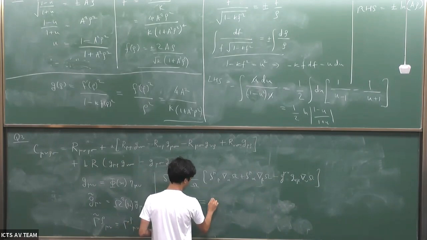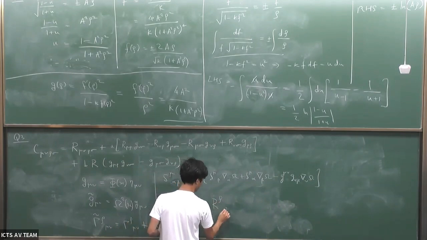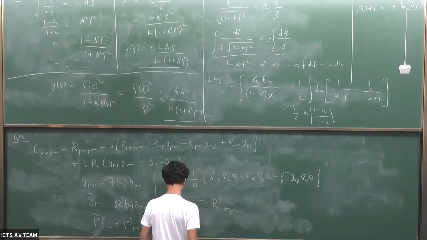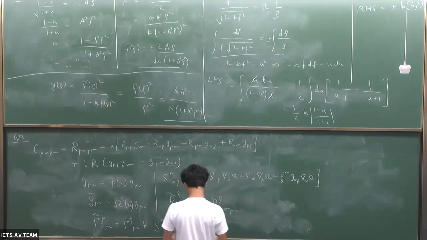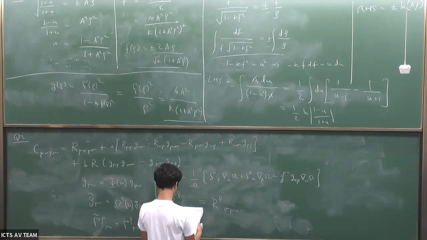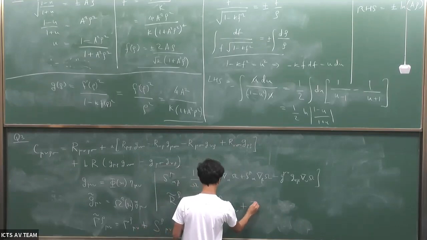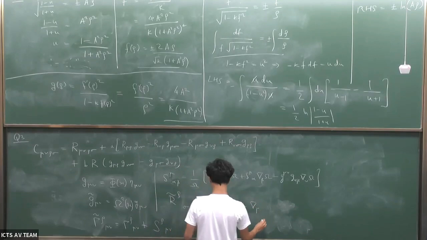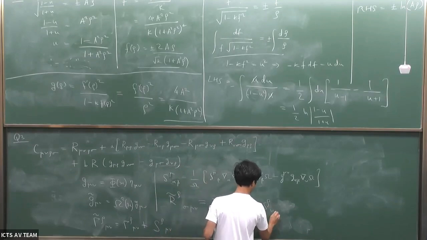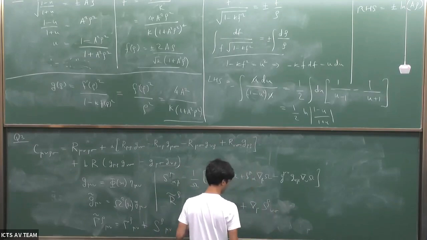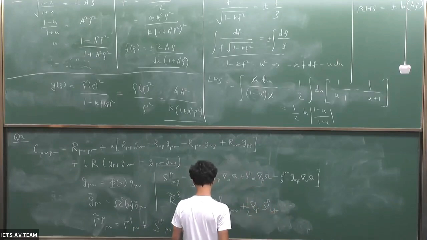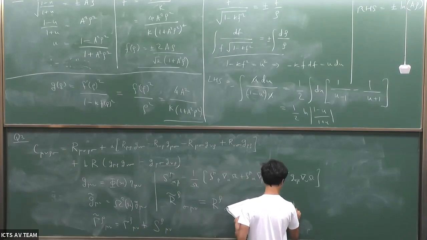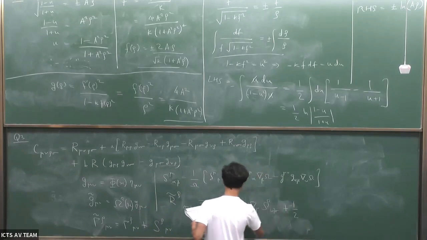And from the first question, we know that this is just this thing. That's del mu S, mu sigma, with symmetry. That's two, sorry, not half.